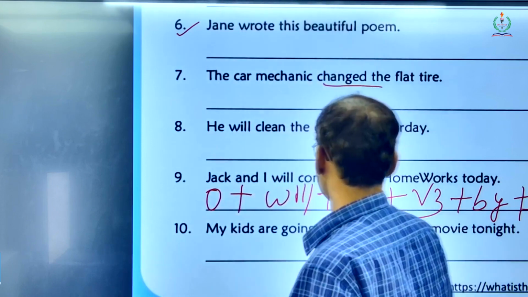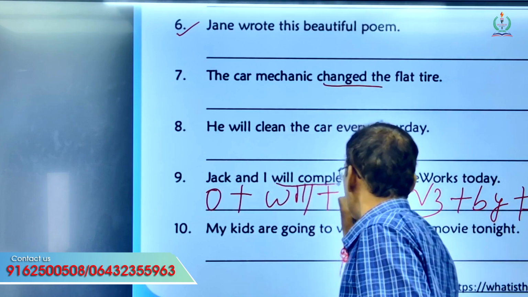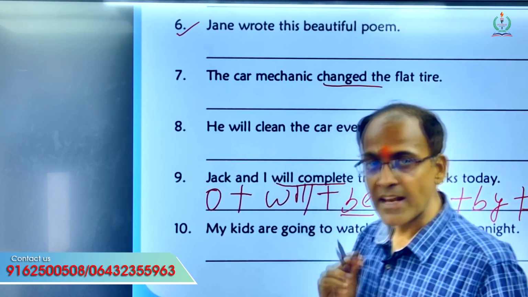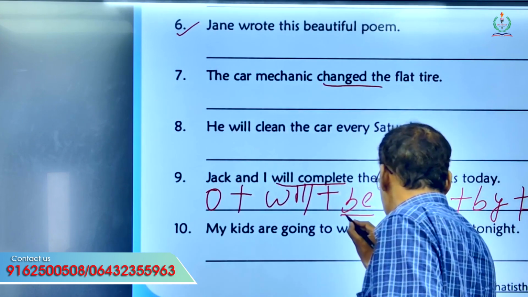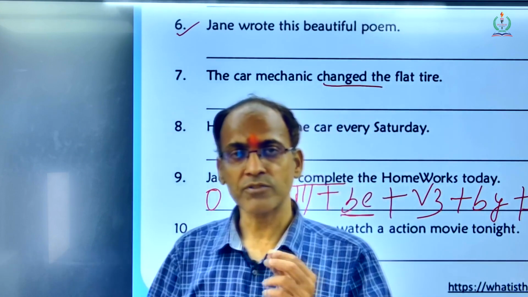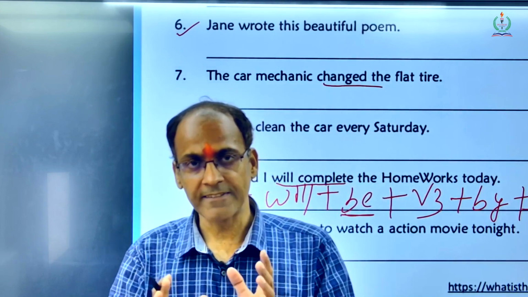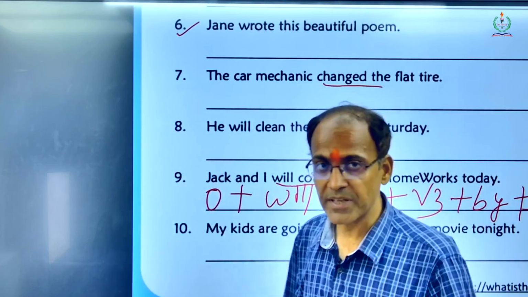Similarly, in question number 9, this is future indefinite form of verb, will complete. So in this the helping verb that will go with it is be. Is, am, are, was, were, be, all these are be forms of verb which show state or being.